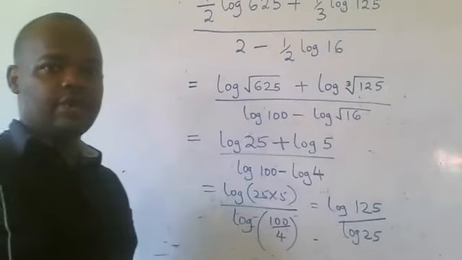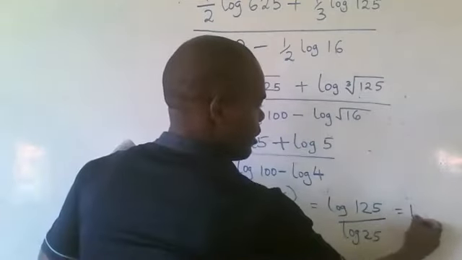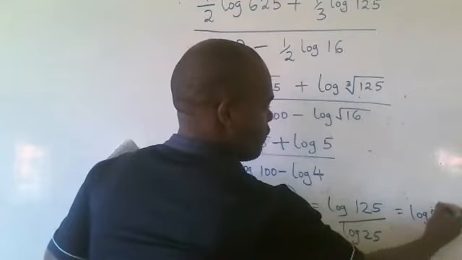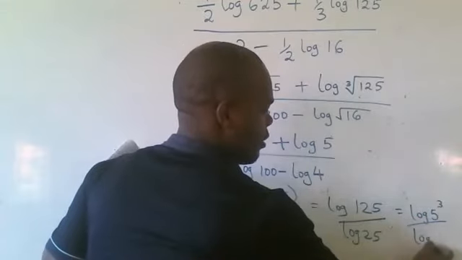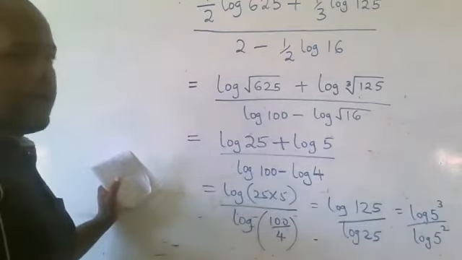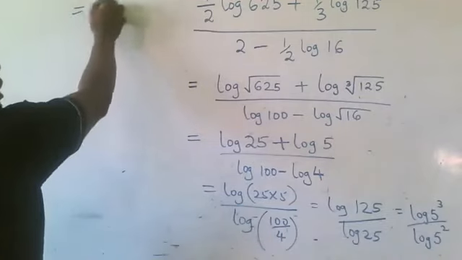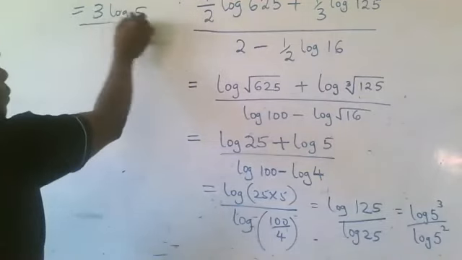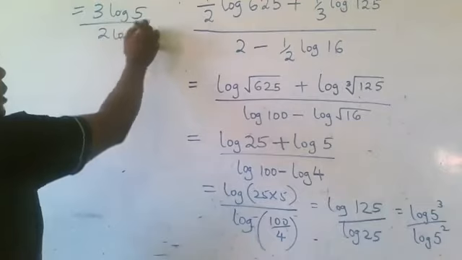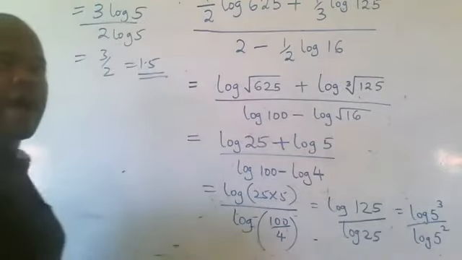And this gives me log 5 cubed over log 5 squared, and that will be 3 log 5 over 2 log 5. Then this is 3 over 2, which is 1.5.